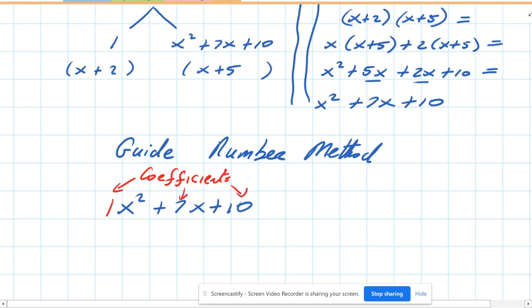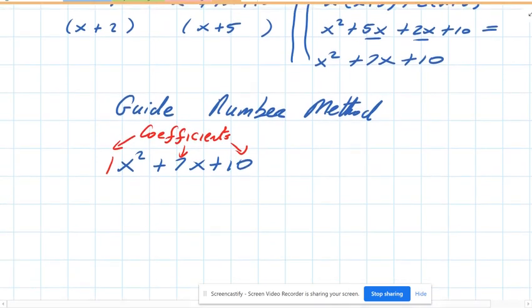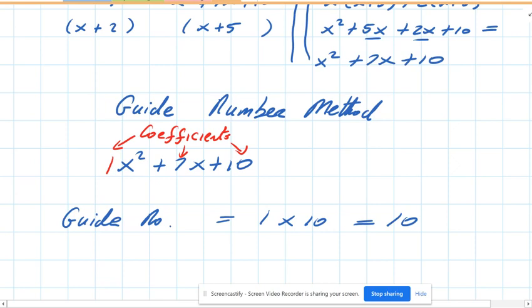So 1, 7, and 10. And it turns out what you do is multiply the first by the last: the one in front of the x squared and the constant on its own at the end. So the guide number is 1 multiplied by 10, which is 10. Take first by last.